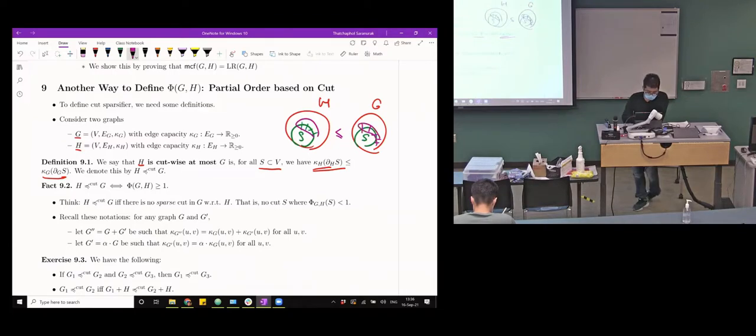And if this is true for every cut, then we say that H is cutwise at most G.